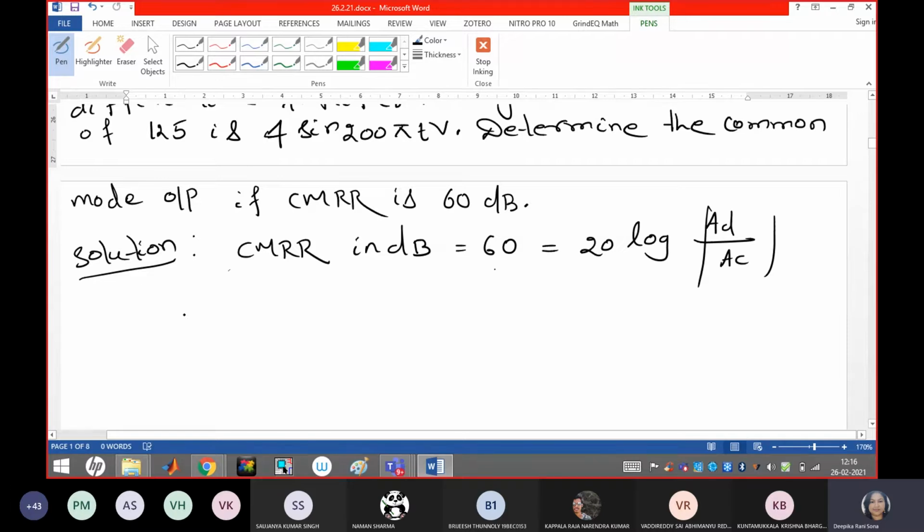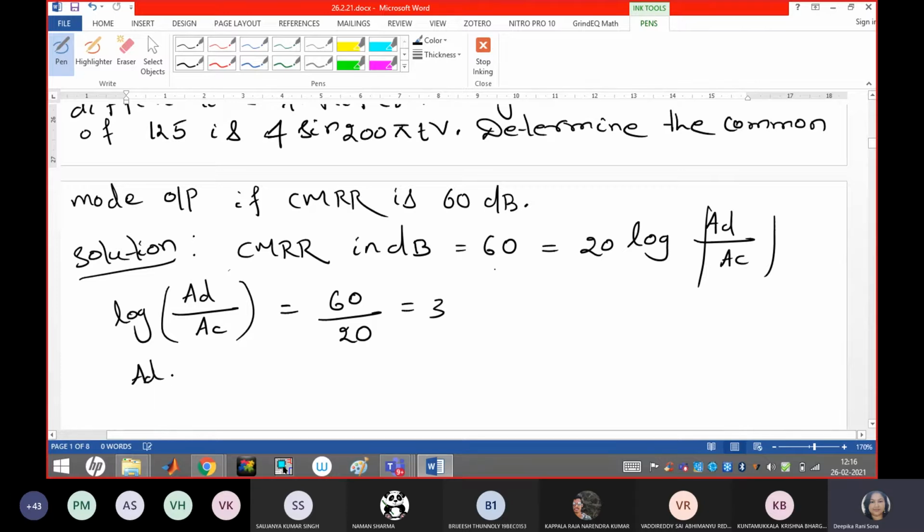Then, once only I'm writing, guys, you have to follow this method for the remaining questions also if the data is given in the form of dB. So log of AD by AC can be calculated at this one, right? Which is equal to this.